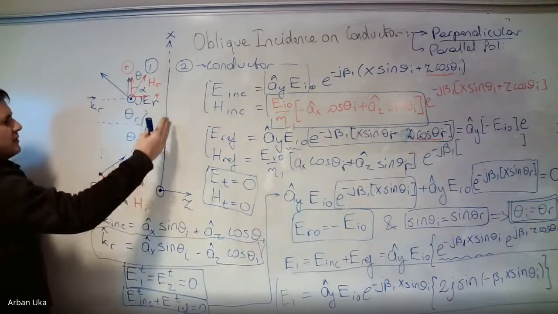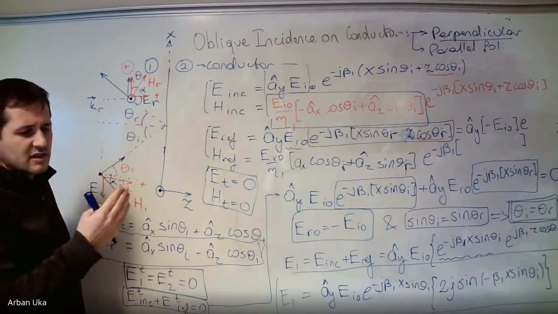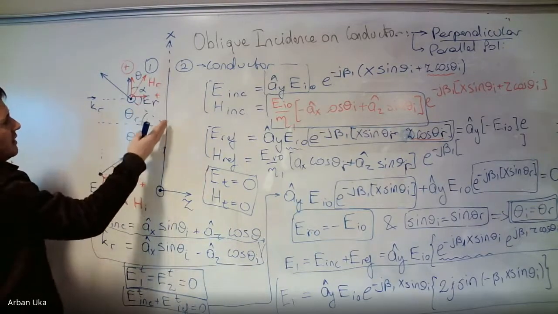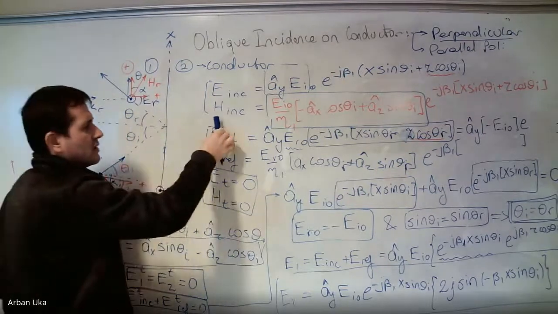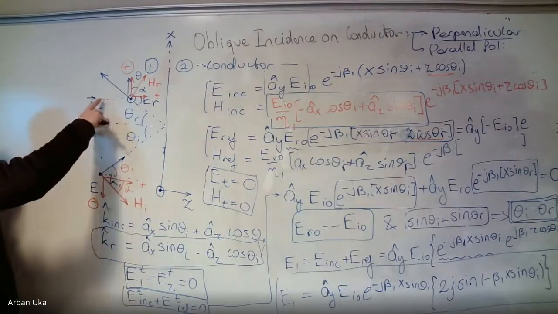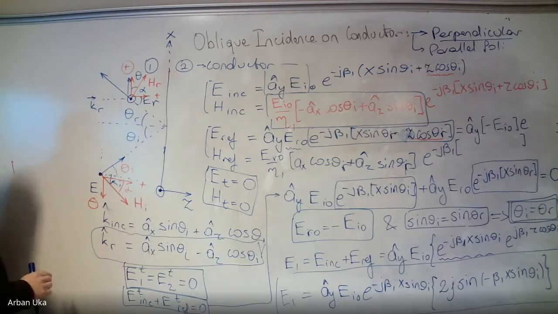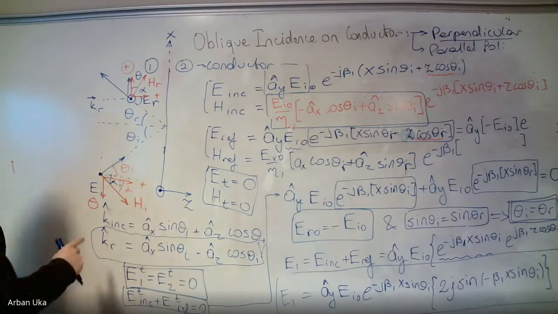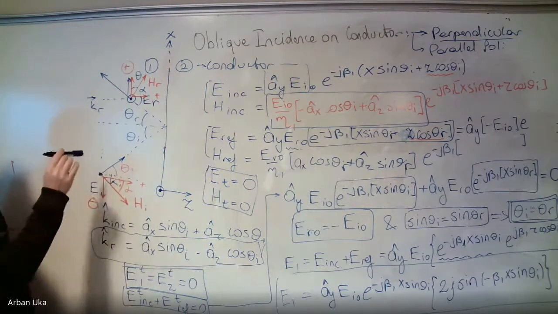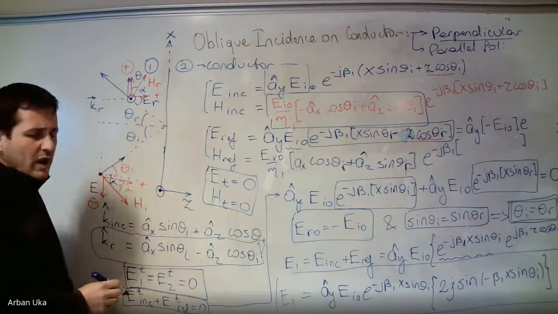But the moment that the wave, sometime t after the first excitation of the initial wave, meets this interface, a new wave is born, the reflected one. That means that if we measure the intensity of the wave in this region, we are going to measure the addition of this electric field and this one. One is pointing in this direction and one in the opposite direction. Now, why do we say this?